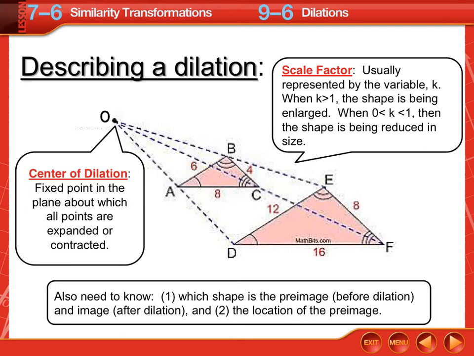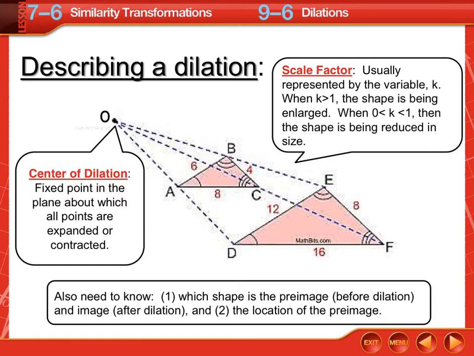We use, by convention, a lowercase k as a variable to describe this scale factor. If we are having an enlargement, in other words, we're taking a shape and enlarging it, we describe that with a scale factor greater than 1. And if we are reducing that shape, then we have a scale factor that's less than 1 and greater than 0.